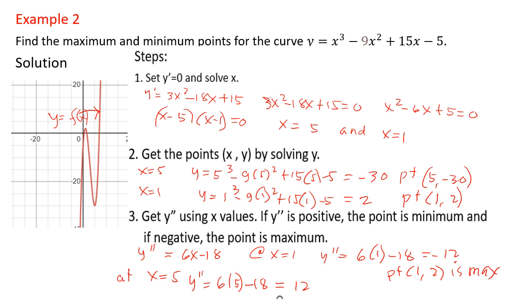So point 5, minus 30 is minimum since positive.